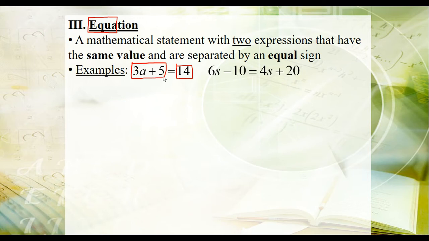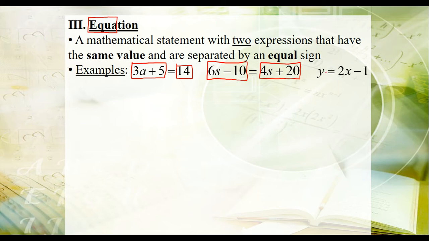Other examples might be 6s minus 10 is equal to 4s plus 20. So once again, that's one expression, 6s minus 10. 4s plus 20 is another expression. And if they're the same value, we can put an equal sign between them, and that makes it an equation.